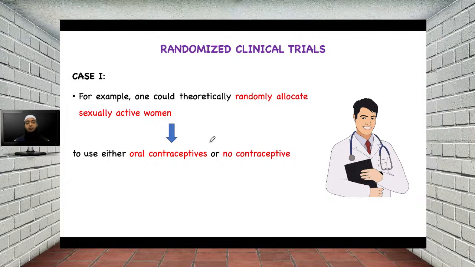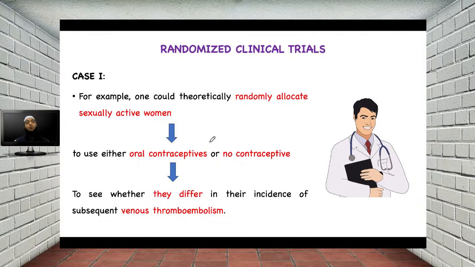The group to which we are not giving oral contraceptive is called the unexposed group, and the group to which we are giving oral contraceptive is called the exposed group. Especially in case of oral contraceptive, we have seen that it produces venous thromboembolism.